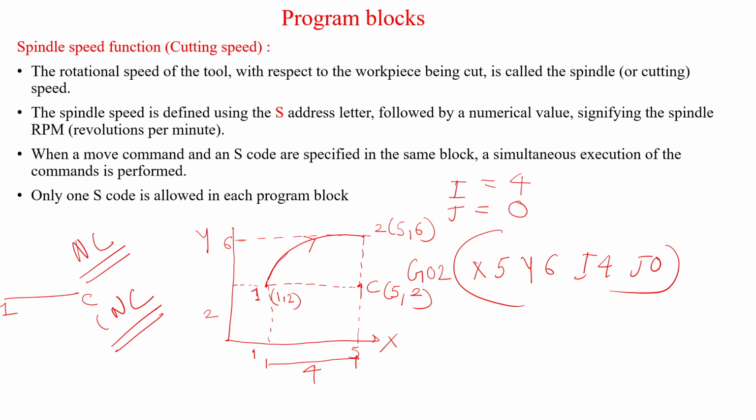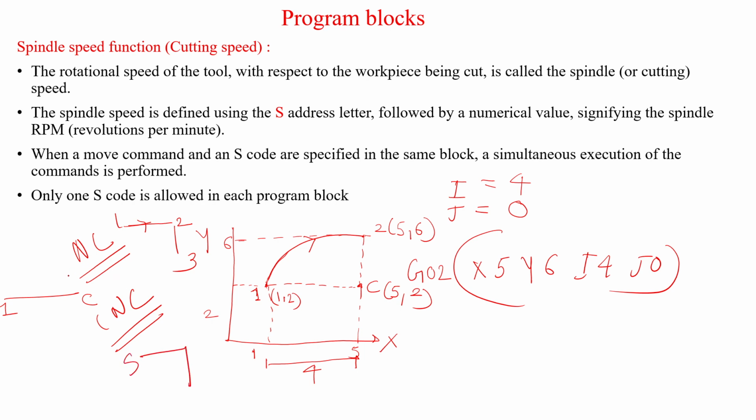The machine moves by itself, but every step you need to tell, okay, move, it will move. For example, if you want to go from 1 to 2 and 2 to 3, you need to feed each and every step. In CNC also you have to give each and every step, but in CNC it is automated. Once you start, it will move from 1 to 2 and 3.